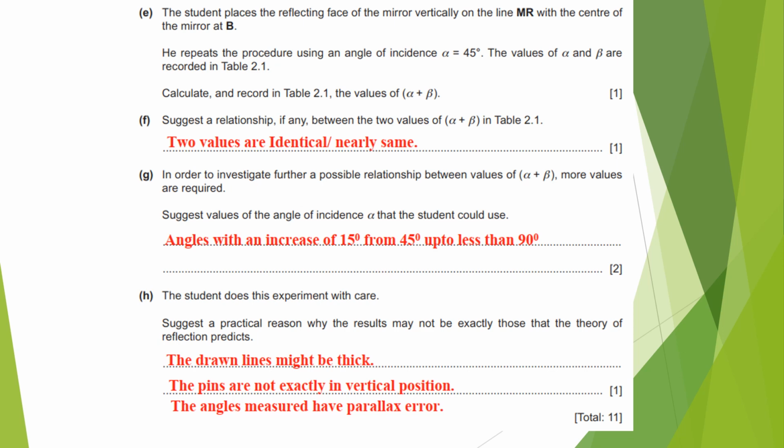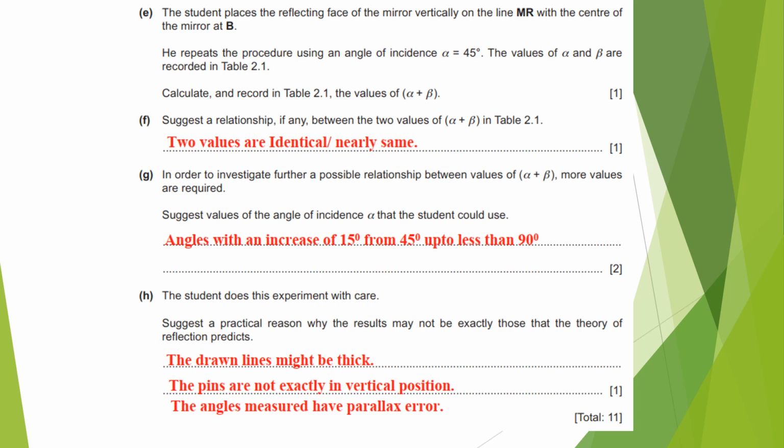Then question G. In order to investigate further a possible relationship between values of alpha plus beta, more values are required. Only with two rows of alpha and beta we cannot conclude the relationship. So here they are asking to suggest values of the angle of incidence alpha that the student could use.